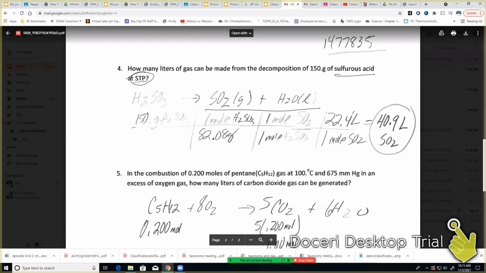So you could use that 22.4 liters at the end. Do you have any questions on that particular one?